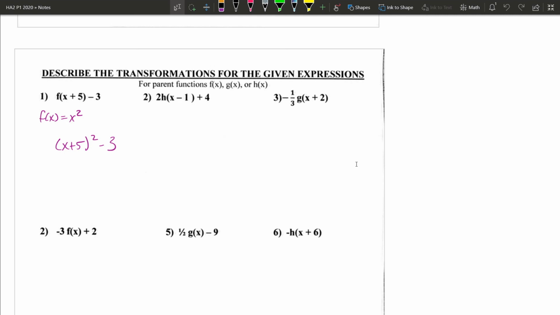And the vertical shift is plus 2. Number 5, our a is 1/2, so that's a vertical compression. We're not moving it side to side. We've got a vertical shift of down 9. On number 6, that negative means whatever our function is going to get flipped. And the 6 with the x means we're going to get shifted left 6.